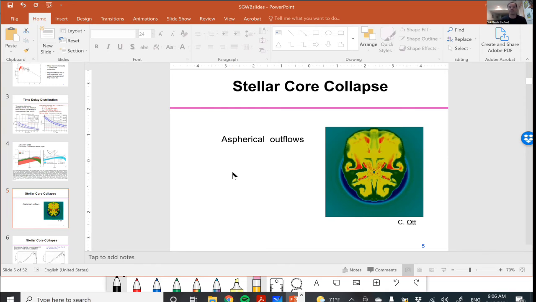In the case of neutron stars, the collapse basically means that all of the nuclear material will be squished into effectively a giant nucleus of about 10-kilometer radius. In the case of black holes, the collapse proceeds even further. So that's for even more massive objects where the gravity is even stronger, and we end up with a black hole.